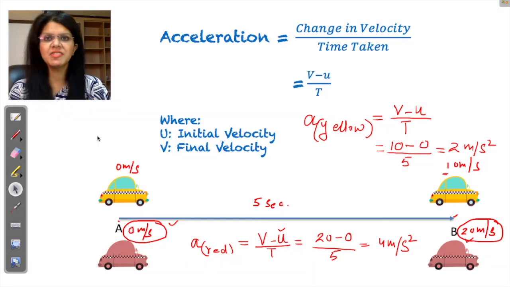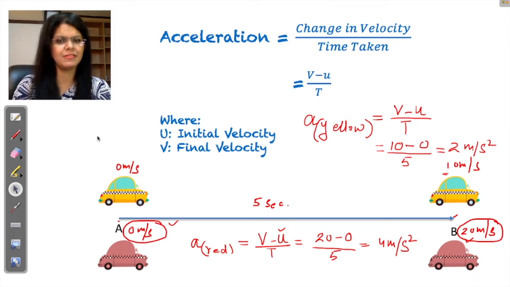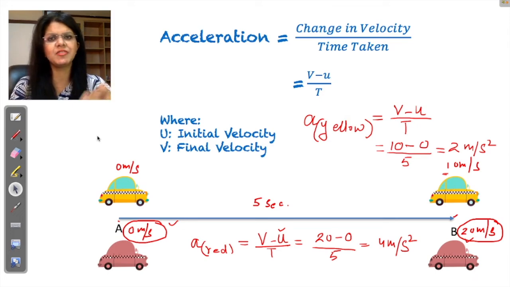Now, acceleration is a day-to-day term that we use in everyday life. For example, if we have to compare the performances of sports cars, we compare how fast they accelerate to reach their top speed. There are certain sports cars which are quite fast. They reach their top speed in a very small amount of time.